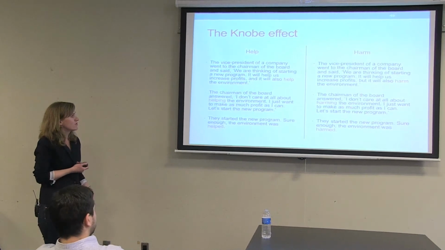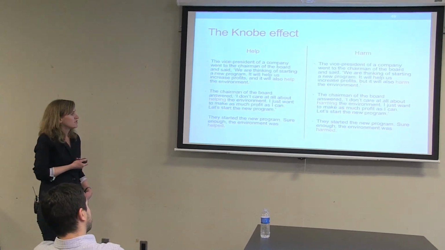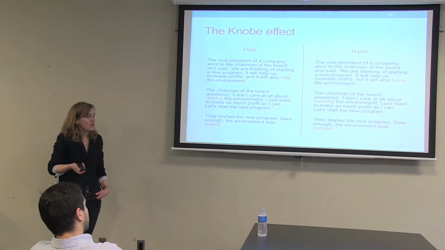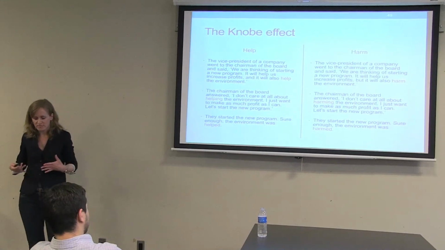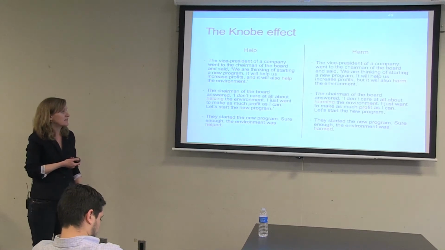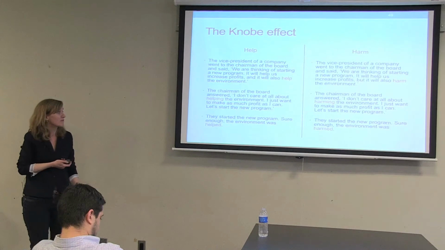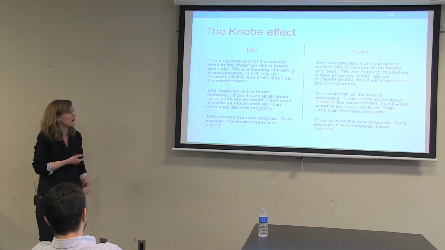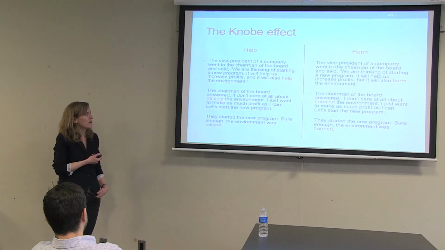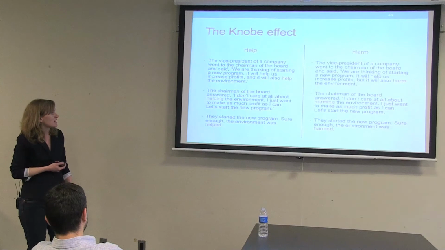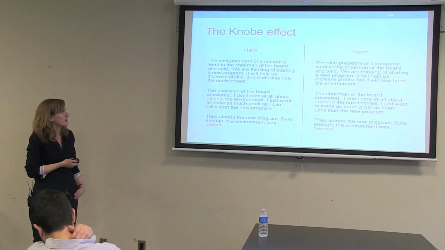If you are about to violate the norm of taking care of the environment, you're about to harm the environment, you've got a sort of freestanding reason not to do this. And so you'd be expected to think harder about it and actually make up your mind. Whereas in this case, it doesn't even matter to this person whether or not the environment is helped, and there's no background reason to avoid doing things that help the environment. So you don't even have to really make up your mind about this.